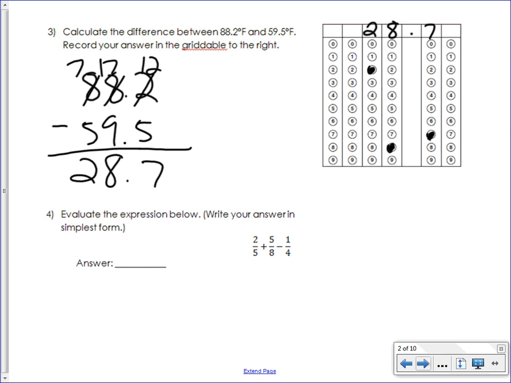All right. Number 4, evaluate the expression below. Write your answer in simplest form. I think the easiest thing for us to do on this is to find a common denominator with all 3.